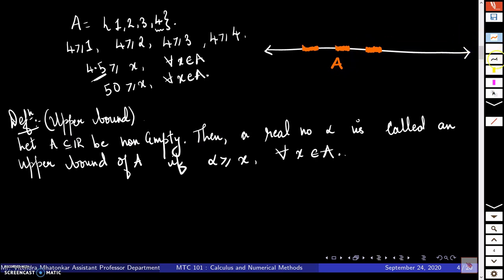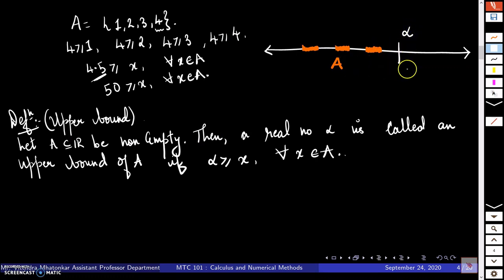Now by an upper bound of this set, I mean a real number which is bigger than or equal to every element of this set. Geometrically speaking, that number, the upper bound alpha, has to lie on the right hand side of each and every element of A. Then only it will be bigger than or equal to every element of A. So let me put the elements of A as ending here, and let me put the alpha here.